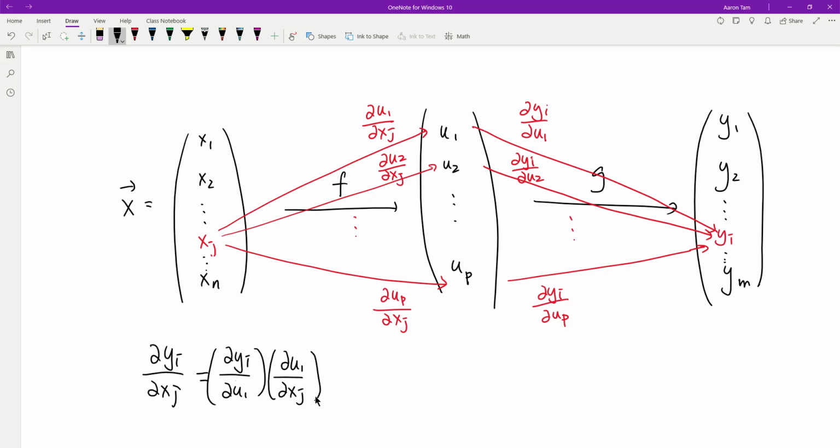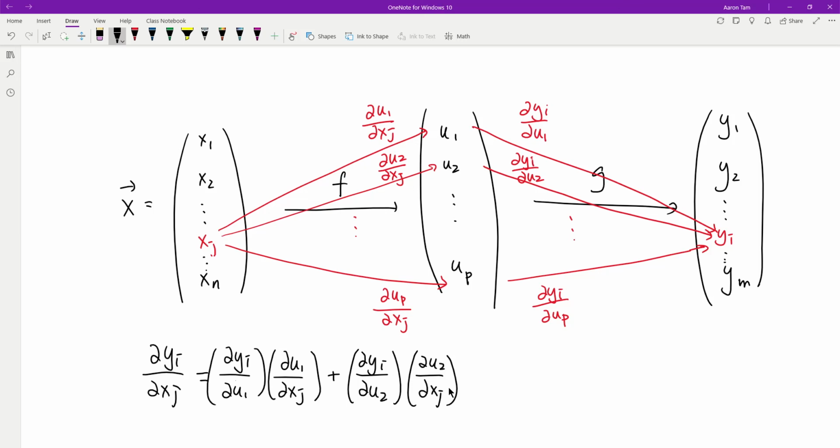So that talks about how x sub j changes u1, which in turn changes y sub I. But x sub j also changes u2, which also has an impact on y sub I. So therefore I have to add that to dy sub I over du2, and how u2 gets changed by x sub j, which is du2 over dx sub j.